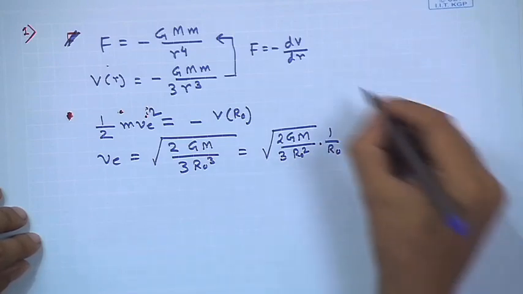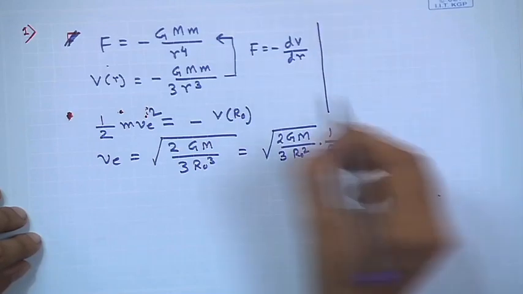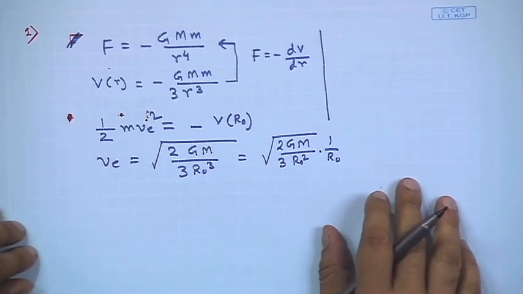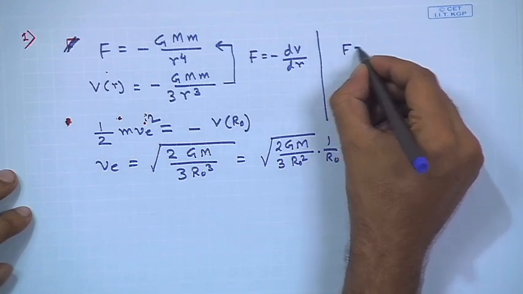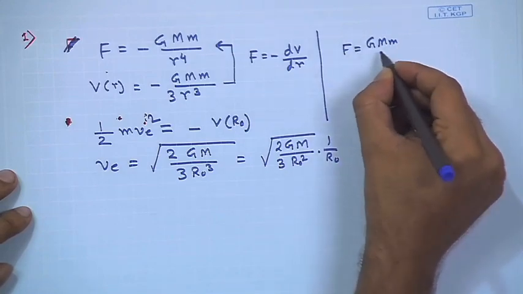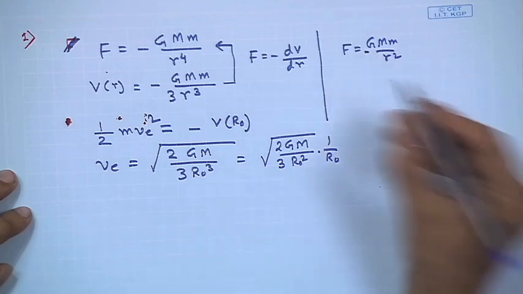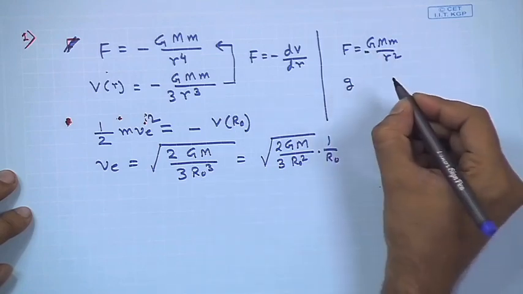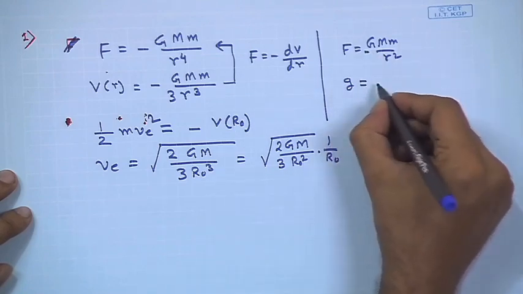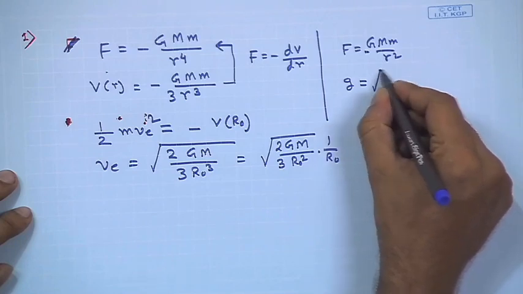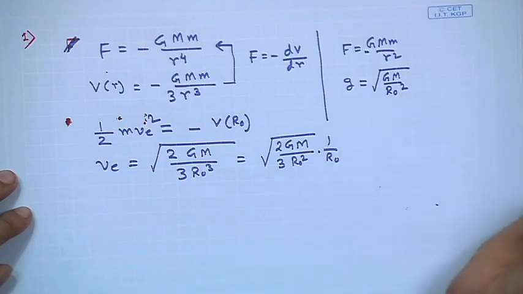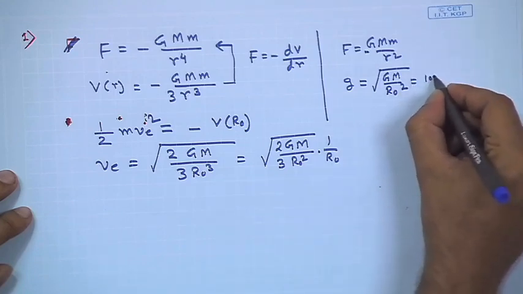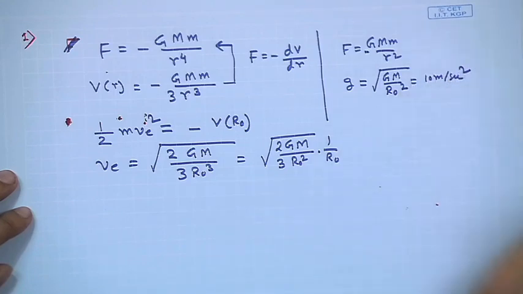Now, I am coming back to the actual scenario where F is equal to G m m by r square with a minus sign. Here the gravitational acceleration g is given by G M by r 0 square, right, and we know that the value is 10 meters per second square, right.